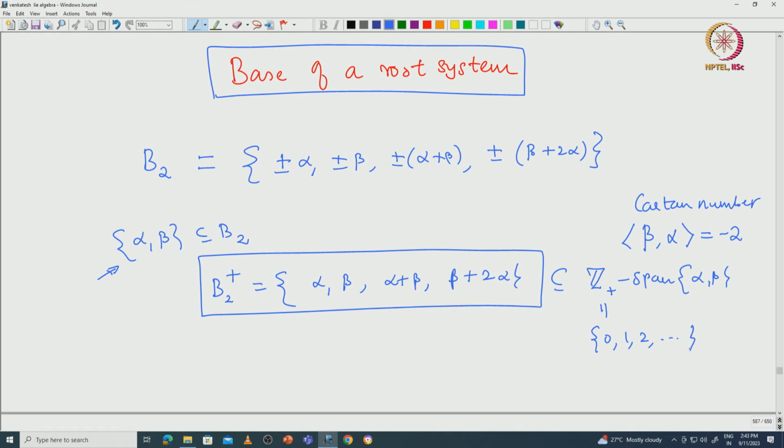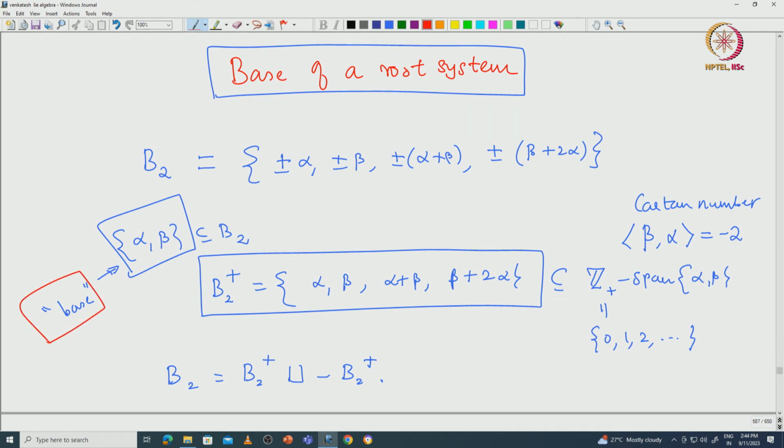In particular, B2 becomes the disjoint union of B2 plus and minus B2 plus. This tells us that we have a special subset of B2 such that all the elements of B2 are either non-negative integral linear combinations or non-positive integral linear combinations of alpha and beta. Such a subset we call a base. So, in some sense this is the definition of base.